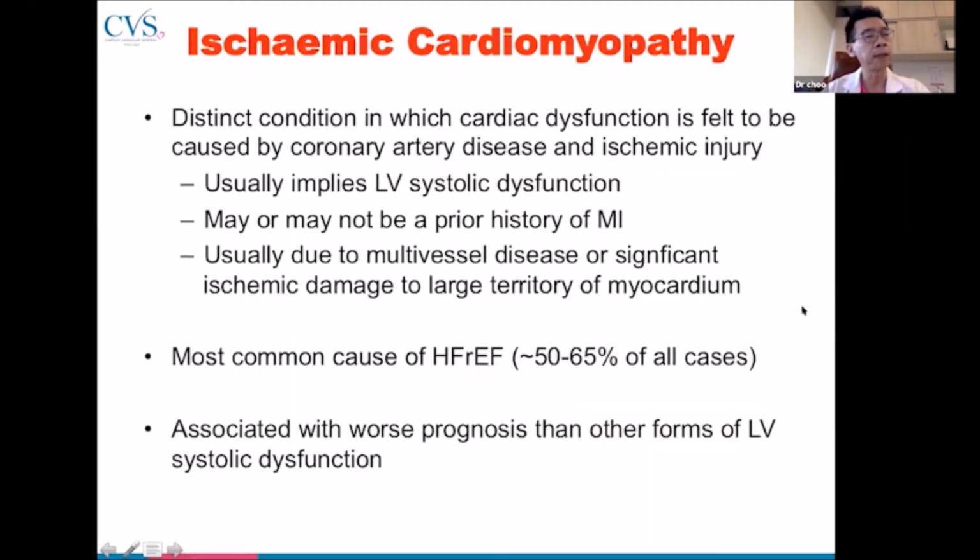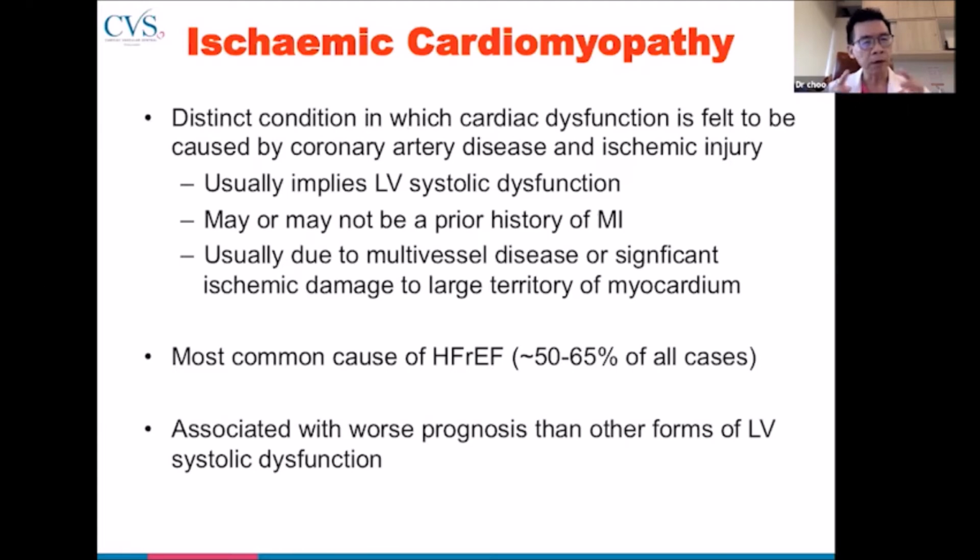which is ischemic cardiomyopathy. Ischemic cardiomyopathy basically refers to when you have a problem with the heart function which is related to coronary artery disease. It may or may not mean that the person has had a previous myocardial infarction, and it usually relates to heart failure with reduced ejection fraction.